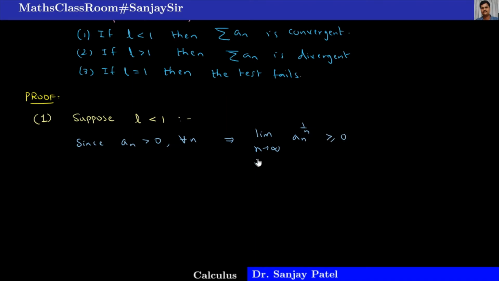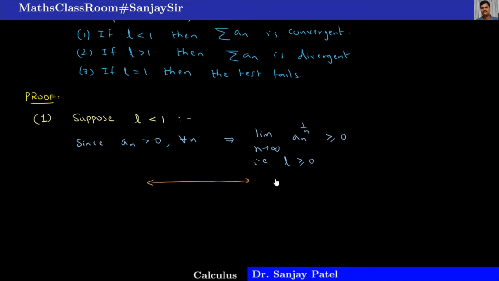That is, L is non-negative. So L is a non-negative number between 0 and 1, and we want to begin the proof by taking a number r between L and 1.